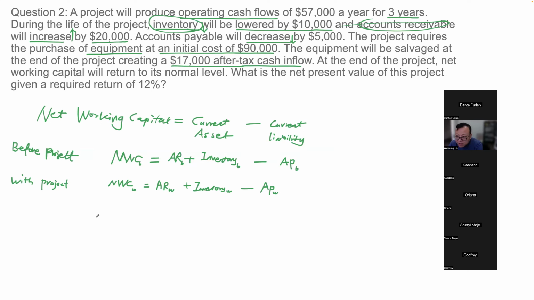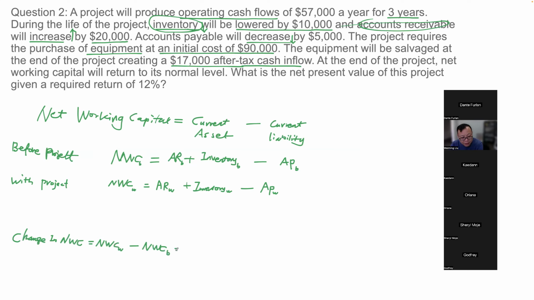Now I want to know with the project how much the change is. The change in net working capital due to the project is net working capital with minus net working capital before.